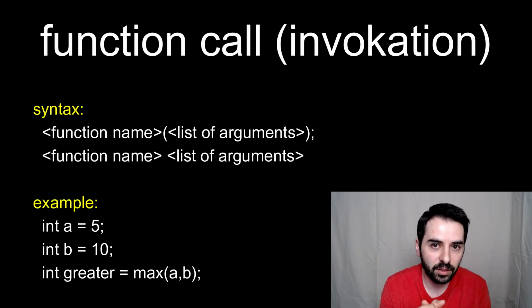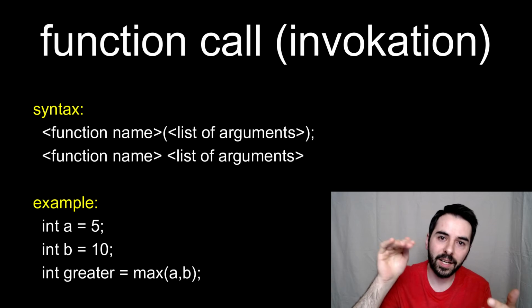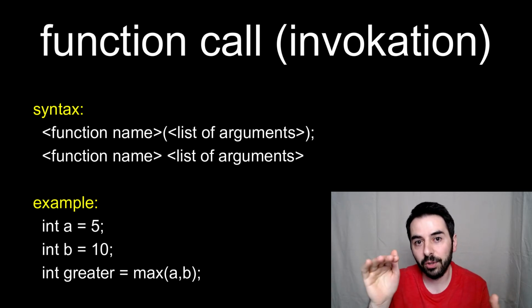But that's basically a function call. So the function call results in the control flow, or basically the execution of the program, going and starting to execute the statements in the definition, or in the body, of the function.